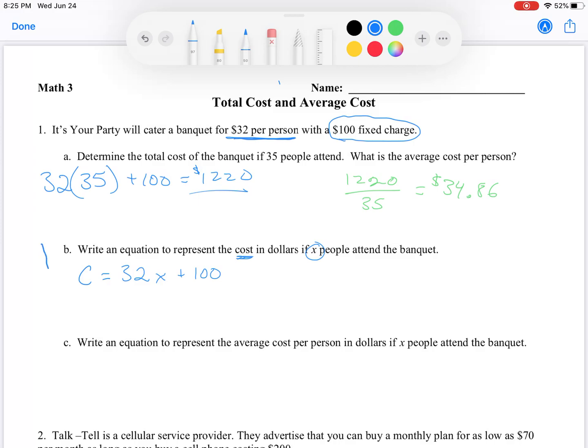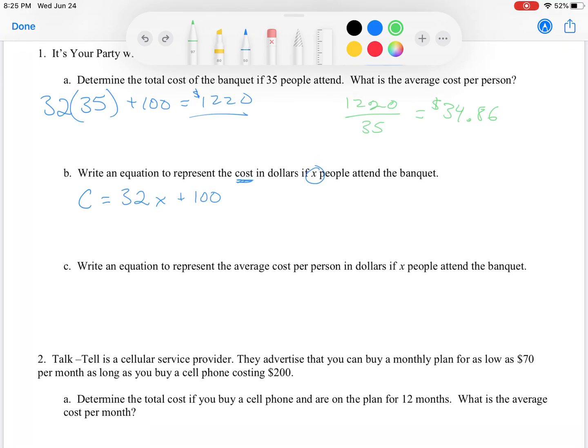And then part C is based off of the green part, the average. It says, write an equation to represent the average cost per person in dollars if X people attend the banquet. Since we're dealing with average, we're going to set an equation of A is equal to.